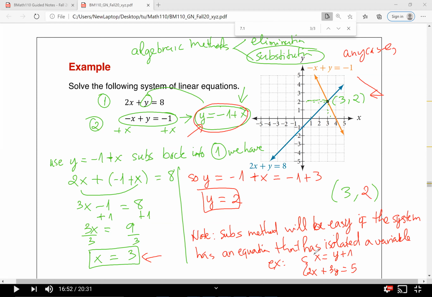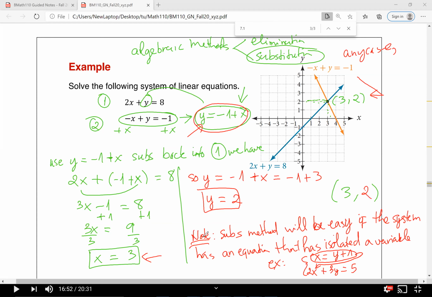So then you can right away use this one, substitute into the second one to get the y value, the one equation that has only one variable is y, and solve it. So that's a note that you should know. But anyway, if you see that the system can easily isolate the variable, then you can still apply the substitution.